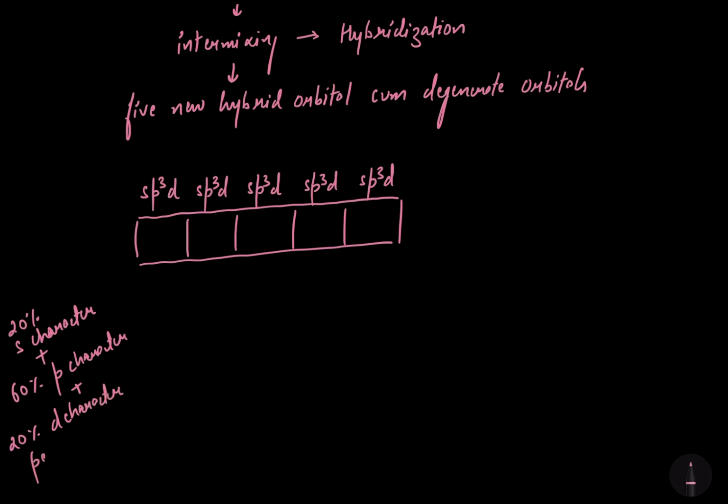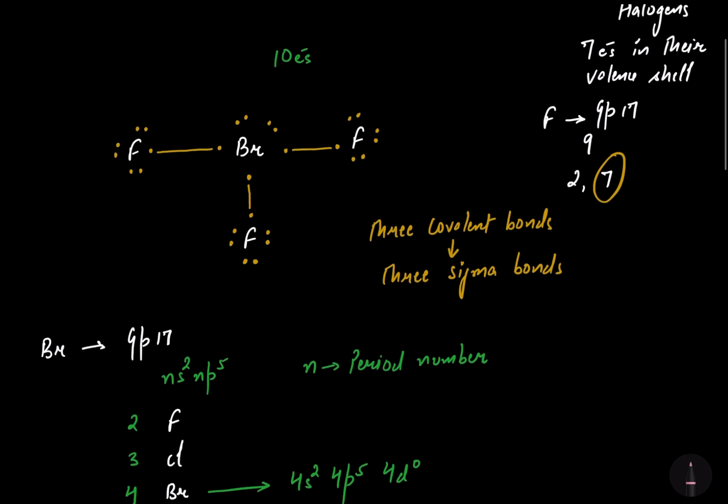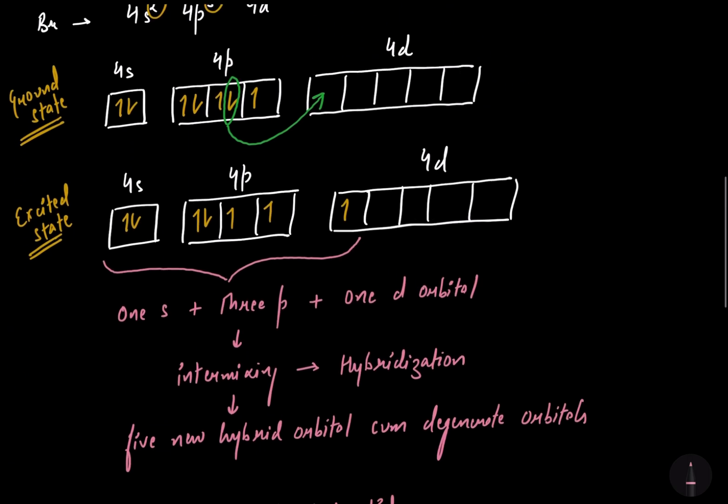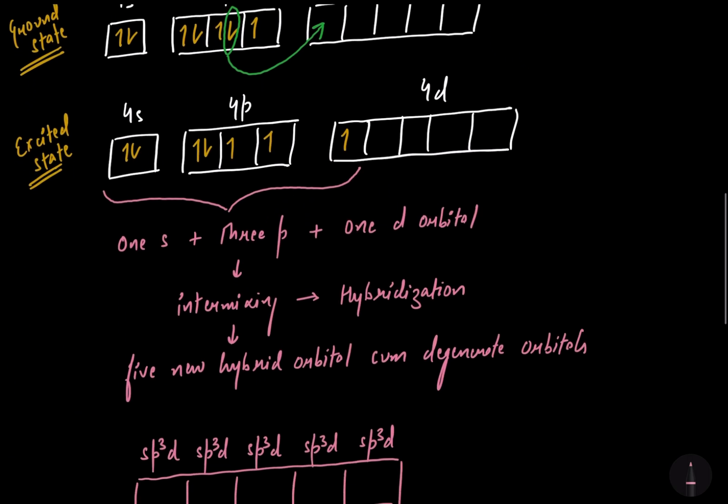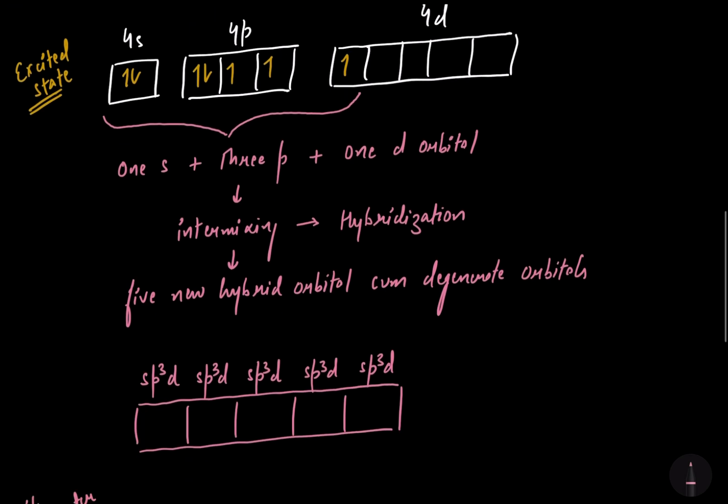In the hybridization process, the orbitals which are mixing will form only sigma bonds but not pi bonds. Here in the Lewis structure we got 3 sigma bonds. So we have intermixed the orbitals having electrons plus the orbitals having 1 electron, and the orbitals having 1 electron will form only sigma bonds, not pi bonds.